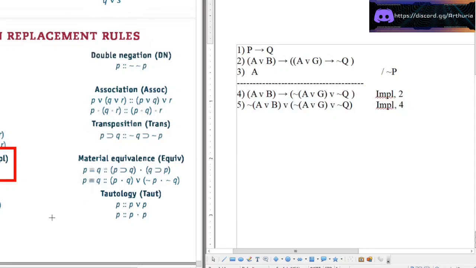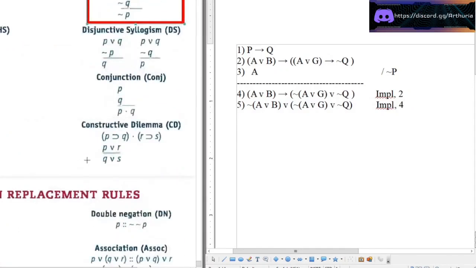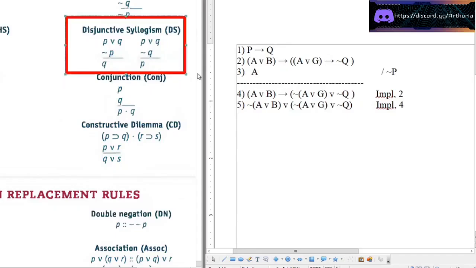Well, when you have or statements, right, we use disjunctive syllogism on them to get rid of stuff. We use disjunctive syllogism here somehow. And I can use my favorite rule, add, to get to a disjunctive syllogism.